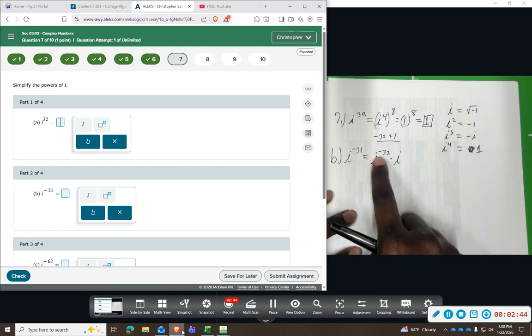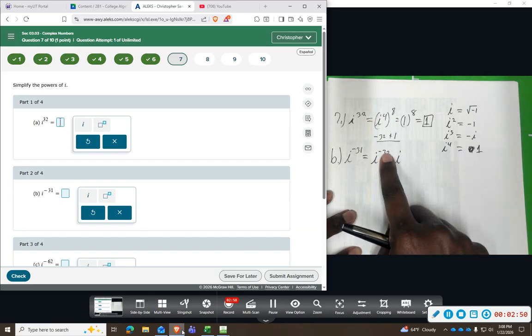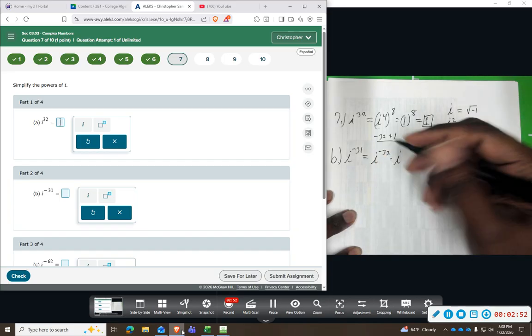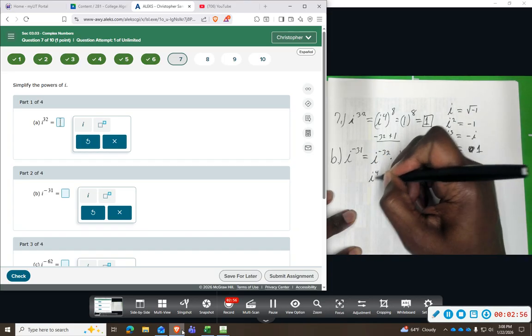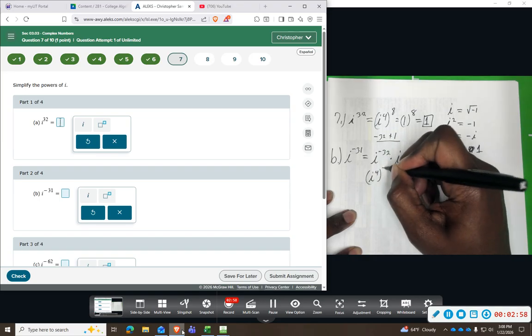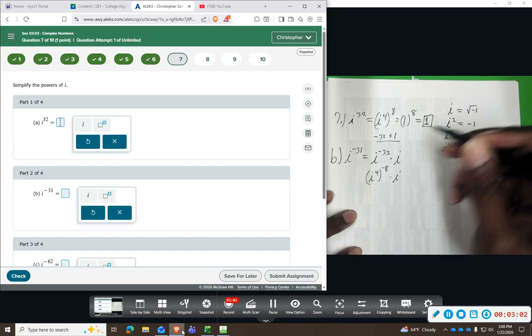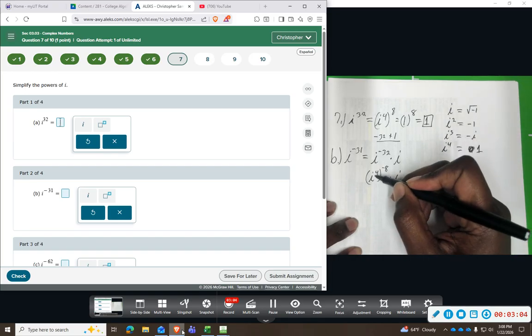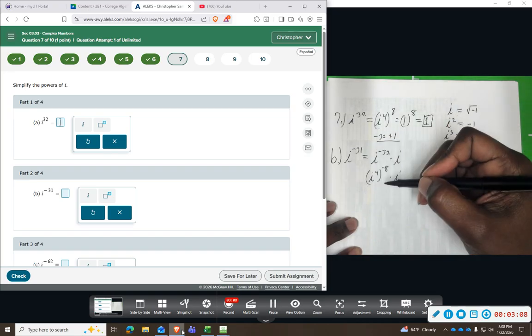Now that we have this as a power of 4, we're going to rewrite this like what we did up here. We're going to factor out that negative power. So we're going to have i to the 4th power to the -8, and then times i. Well, i to the 4th is just 1, and with the negative exponent it would just flip it, so it would be 1 over 1.